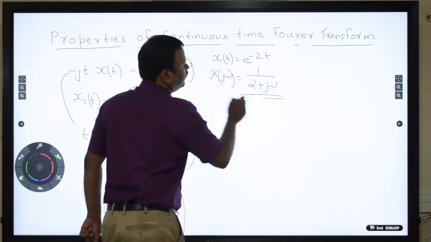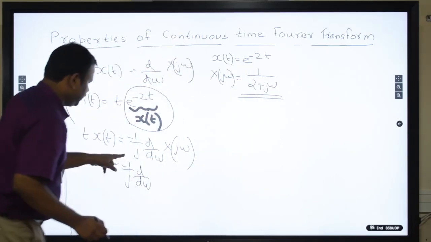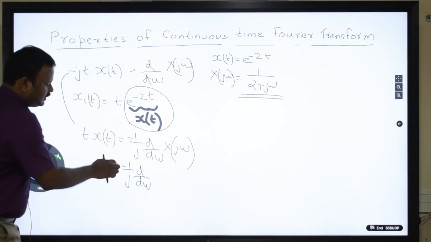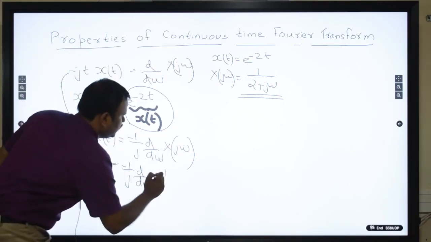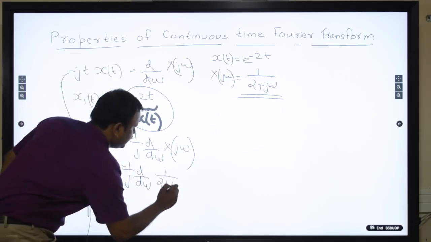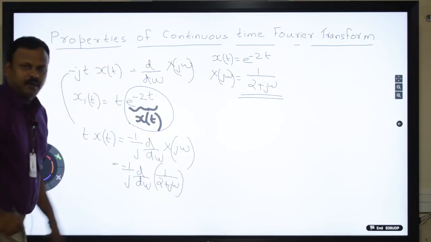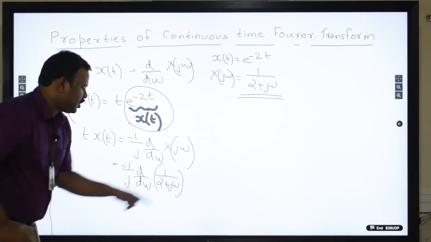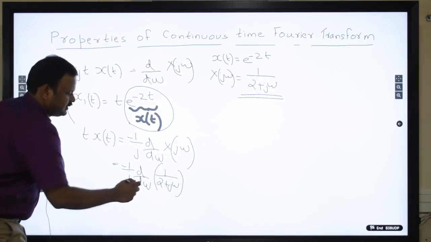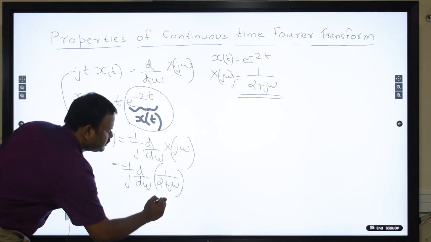It is the standard form of the exponential signal. So, minus 1 over j d by d omega of X(j omega), which is 1 over 2 plus j omega. So, now we have to find the derivative of 1 divided by 2 plus j omega. This is of the form 1 by x. So, the derivative of 1 by x is minus 1 by x square.